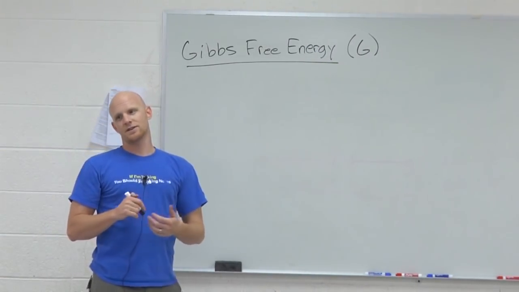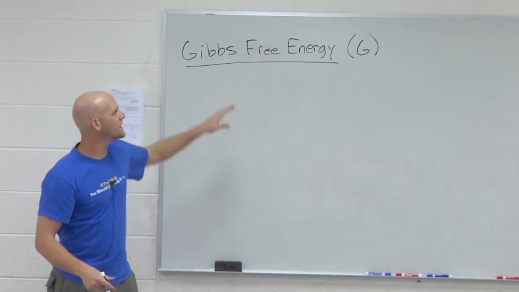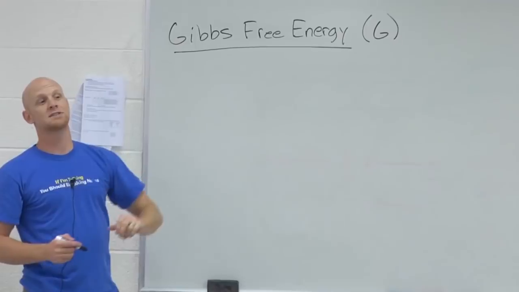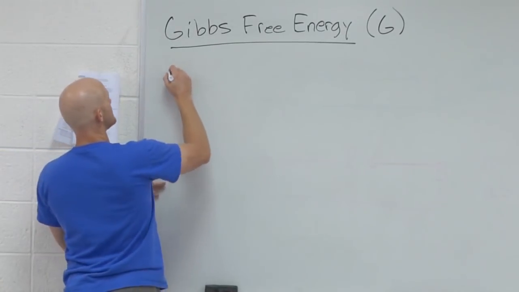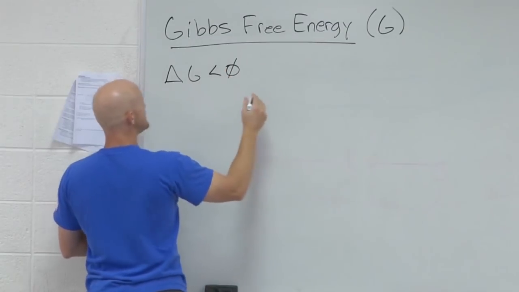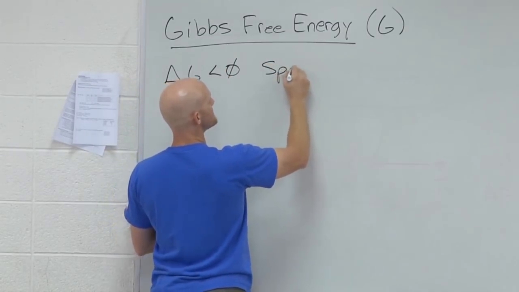So Gibbs Free Energy. The big thing about Gibbs Free Energy is it allows us to predict if a reaction will be spontaneous. So in this case, the change in G tells us some things. If it's negative, that means the reaction is going to be spontaneous.